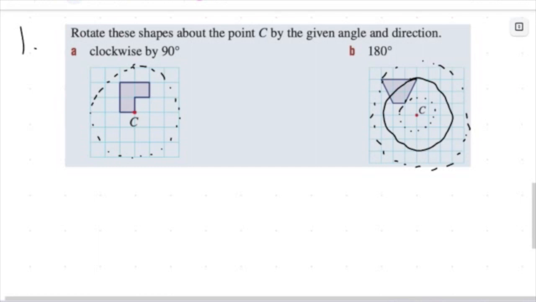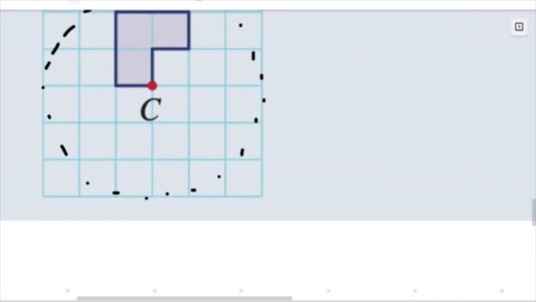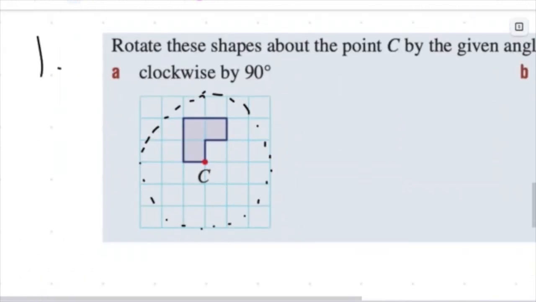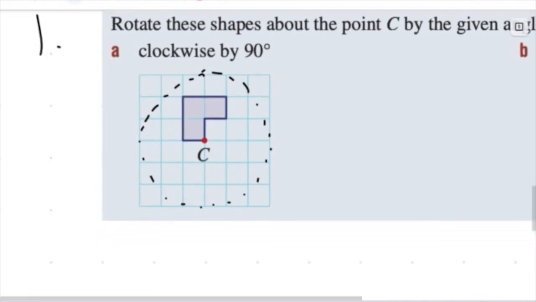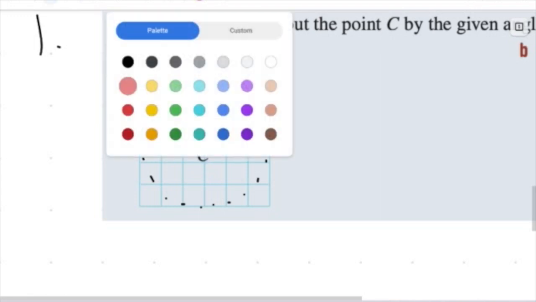So this is a pretty tricky example to think about, but hopefully, if I zoom in here, you'll be able to visualize this a little bit better. Now, a good way when you're working with a trickier shape like this is to look at how the individual lines are going to rotate around this center point. Let's take this line, for example.